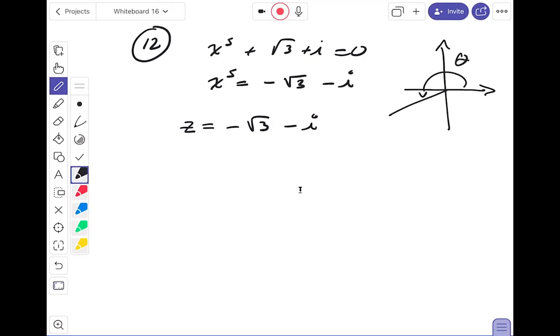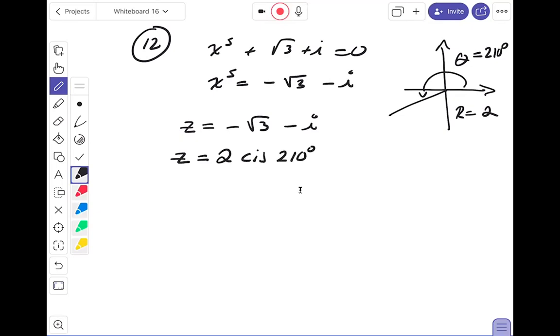Minus root 3, that's the real, minus 1. It looks like 30 degrees for the reference. So theta is going to be 180 plus 30, which is 210 degrees. Now let's do the r. That's going to be 3 plus 1, which is 4, square root is 2. That's not so bad. So z is going to be 2 CIS 210 degrees.